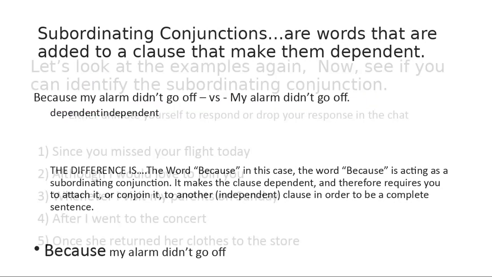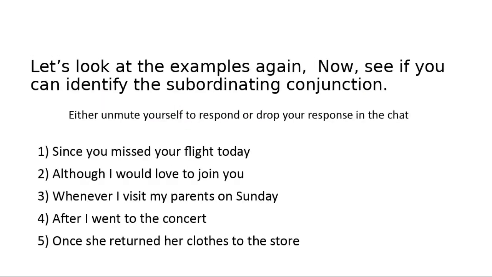Okay, so let's look at some more examples of this. So what I want you to do now is to see if you can look at these examples that we talked about earlier, but look at them in a little bit of a different light now, considering that you know what a subordinating conjunction is.